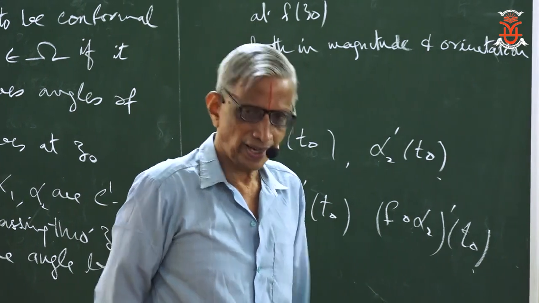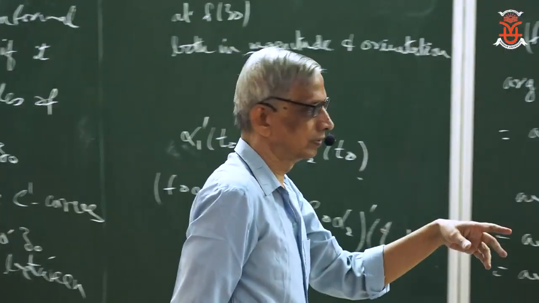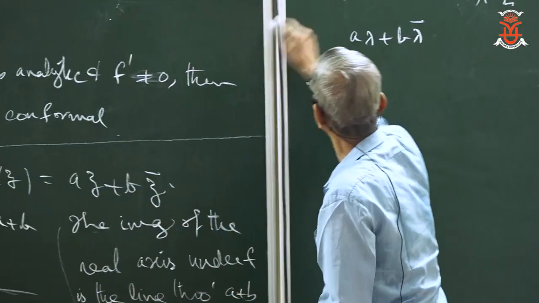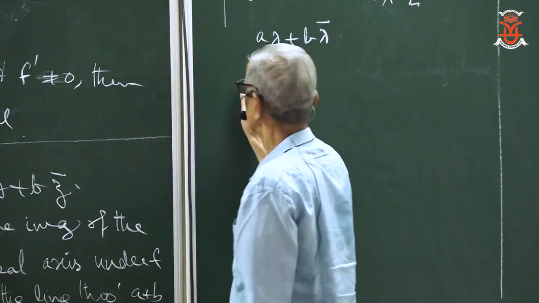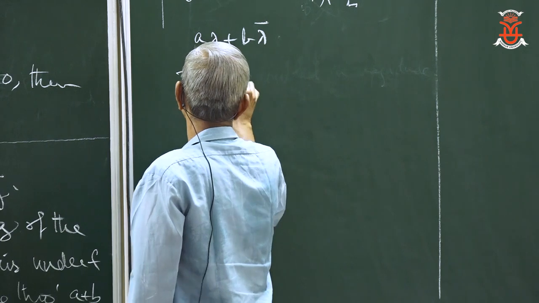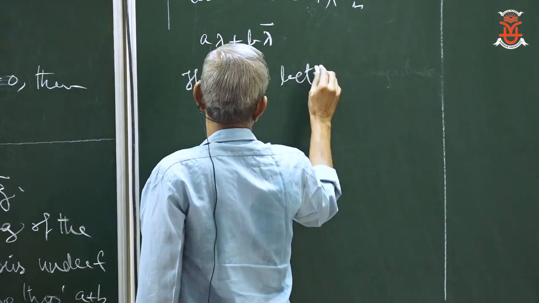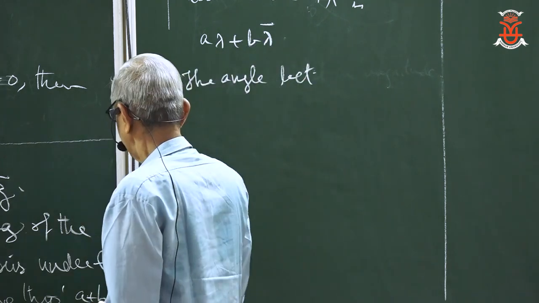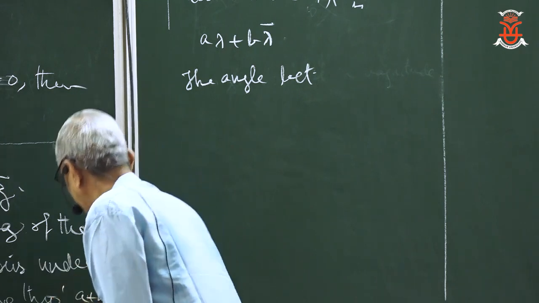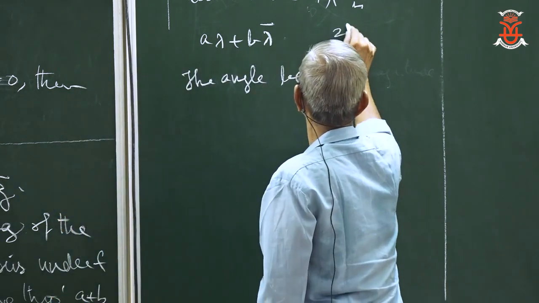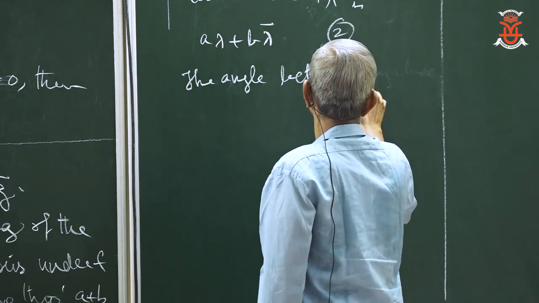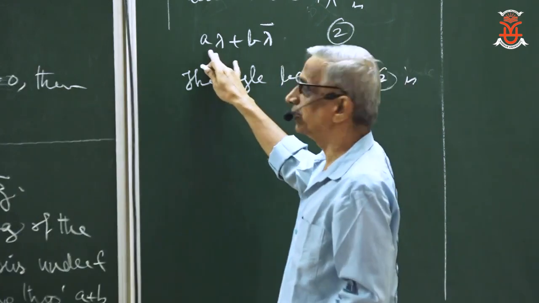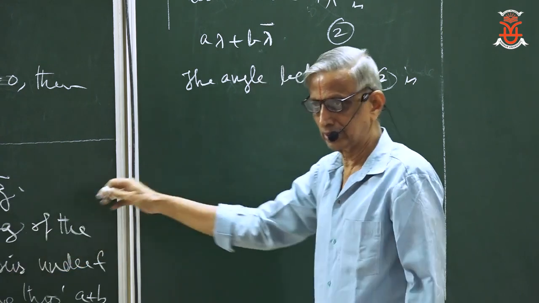So the angle between them, the angle between the two lines, let's say 1 and 2, is the argument of this minus the argument of that.